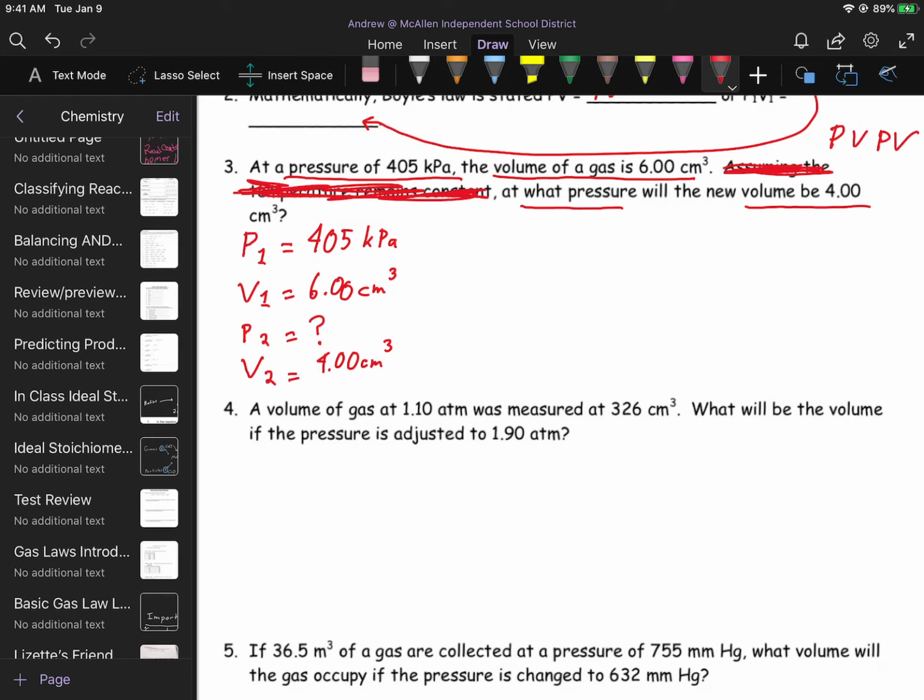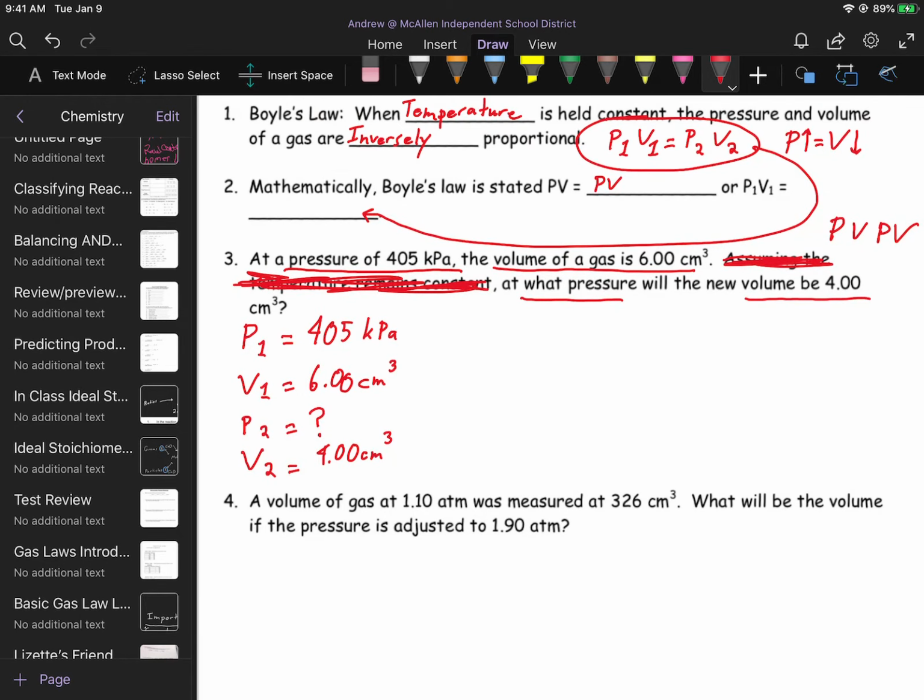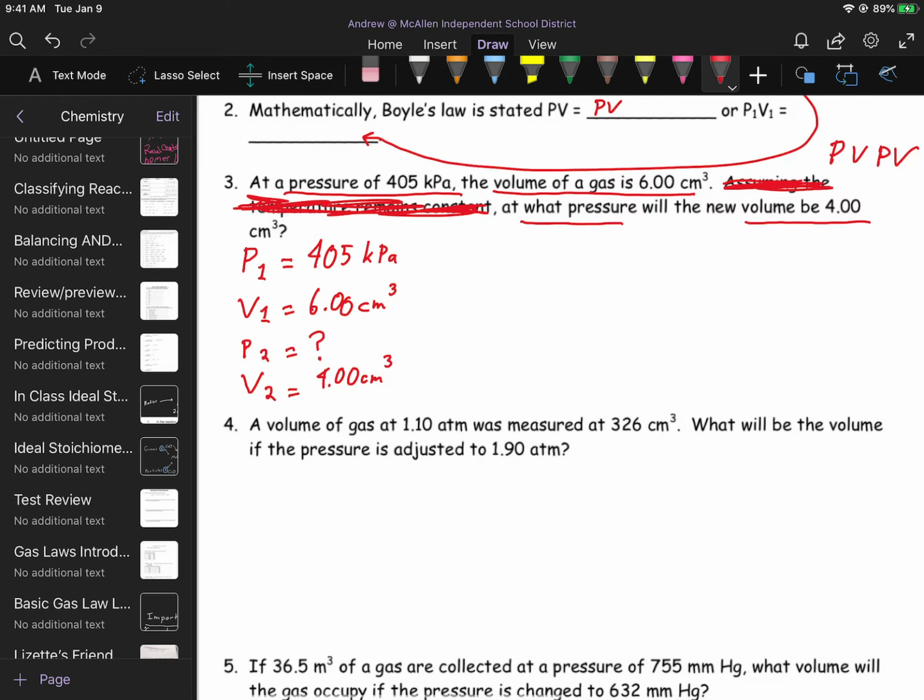Now, before we do anything, we're going to make a guess. We know that the relationship between pressure and volume is inverse, so if one goes up, the other goes down. If we look at the volume we started with, volume 1, and we go to the volume we ended with, our volume has decreased. So our pressure is probably going to have to increase. So let's keep that in mind while we solve.